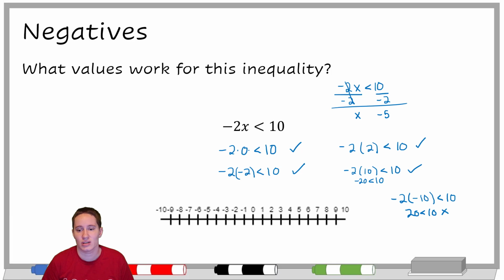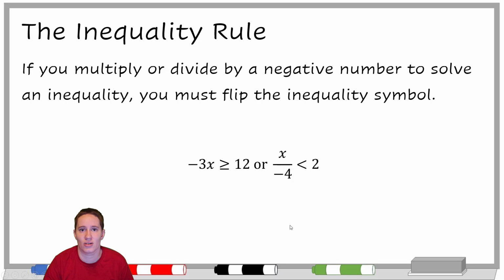This is really the tricky part of inequalities, at least at first. No, it's a continually tricky thing. You're going to be sitting one day 3 or 4 years down the road and probably be like, oh, I forgot to flip the inequality symbol because I divided by a negative. But this is a rule that we can actually rely on, that this will be true. And in fact, here is our rule actually written out.